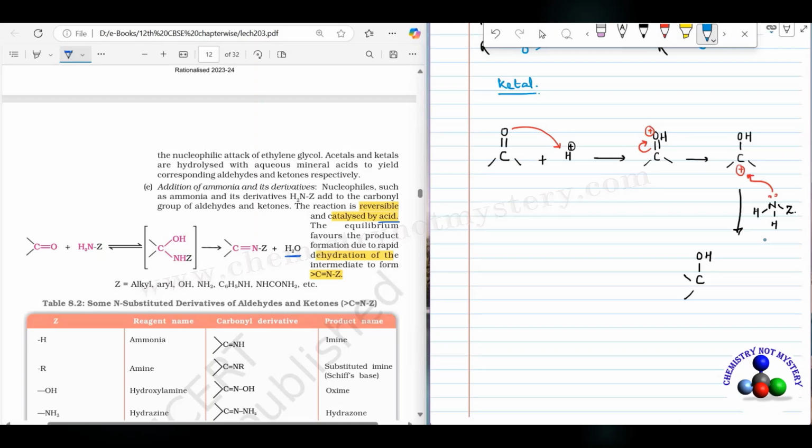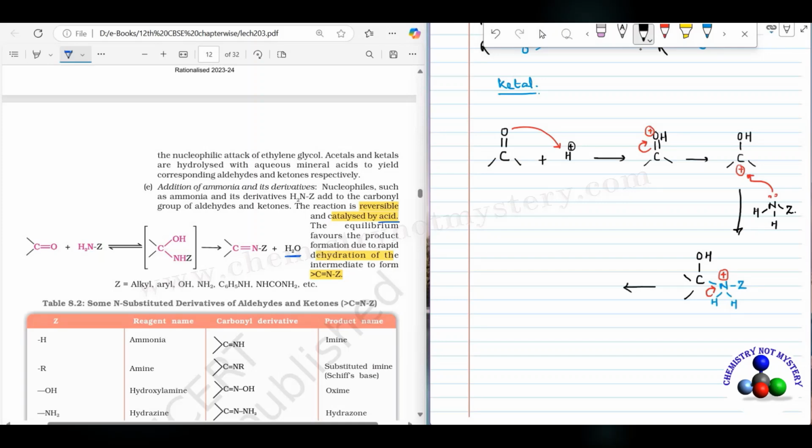Now this nitrogen has made bond with the carbon and there were two other hydrogens and it was already bonded to Z group. So as this nitrogen donated a pair of electrons to carbon, now this can become positively charged. And to neutralize the charge over nitrogen, one of the hydrogens leaves the molecule in the form of H+ ion.